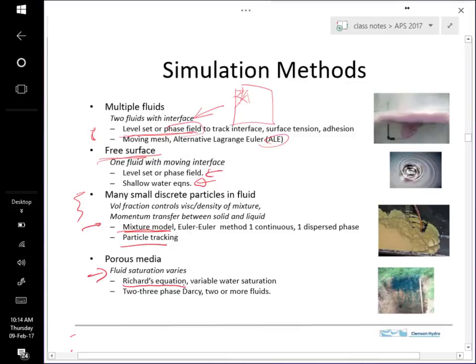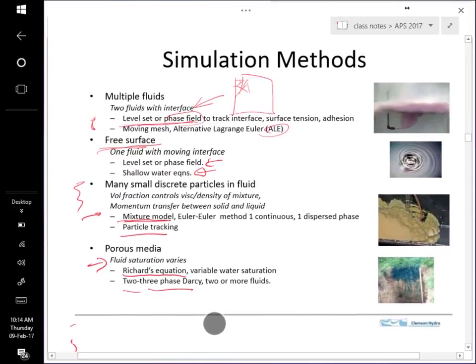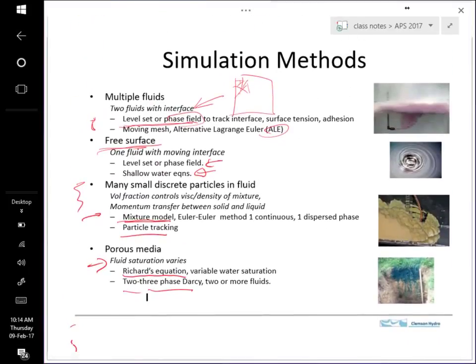If we wanted to do both the gas and the liquid, or if we have multiple phase liquids, then we need to go to a two or three phase Darcy approach, and that's possible. We can do all of that. Okay, so those are the options. Quite a big array of stuff that we could do.